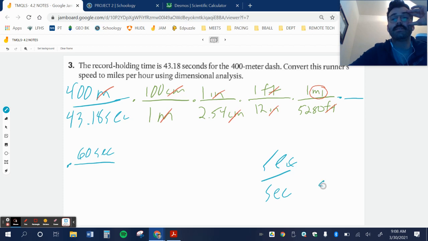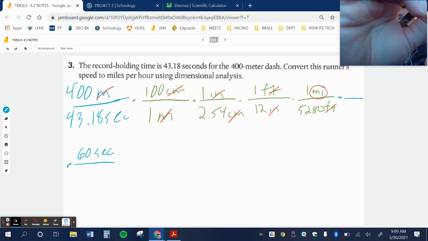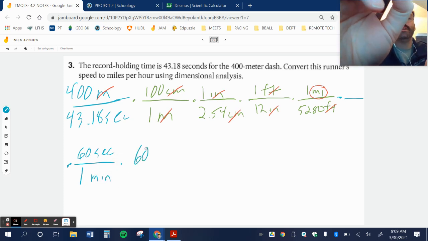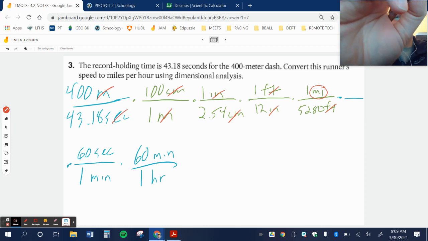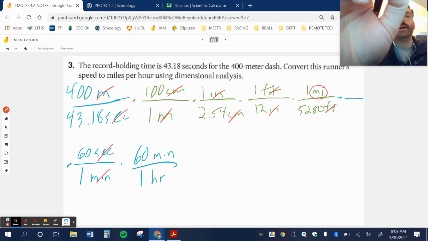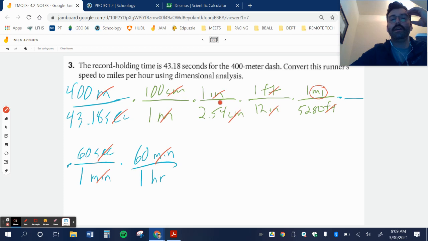If I do seconds times seconds, that would be seconds squared. That's kind of our reasoning. Seconds over seconds cancel. 60 seconds in 1 minute. 60 minutes in 1 hour. Remember, this is just a continuation of what's going on up here in 3. I just didn't have enough space.